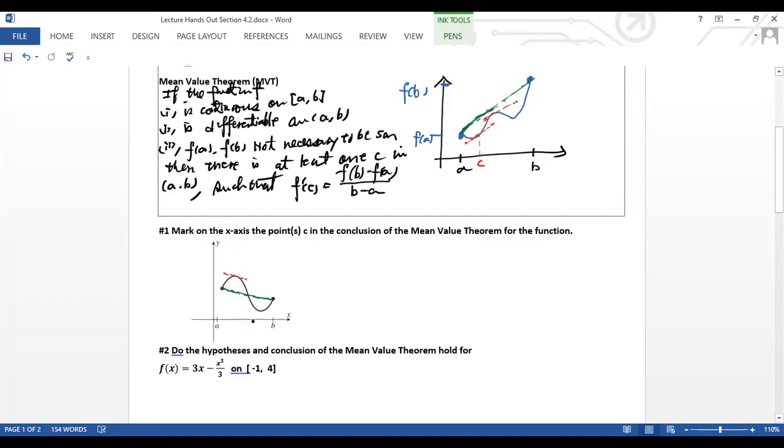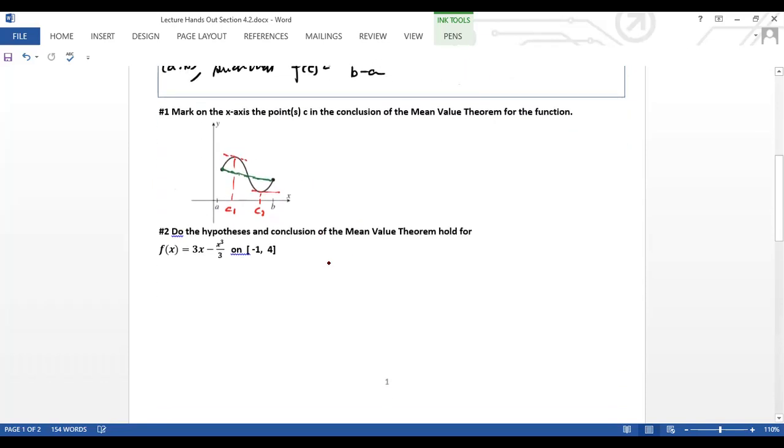So here I can find two C's, this is my C1, this is my C2. That means I can find 2 places here. Then if you find the tangent lines, they will have the same slope as the line connecting the 2 endpoints.